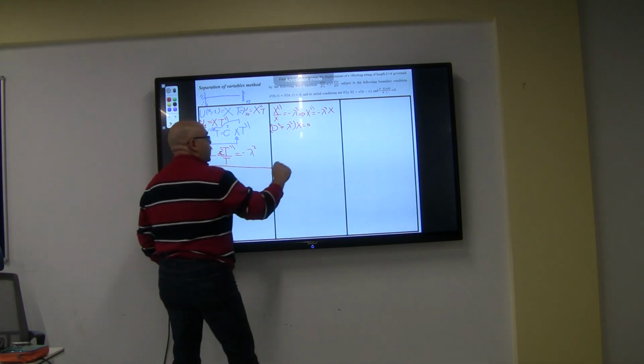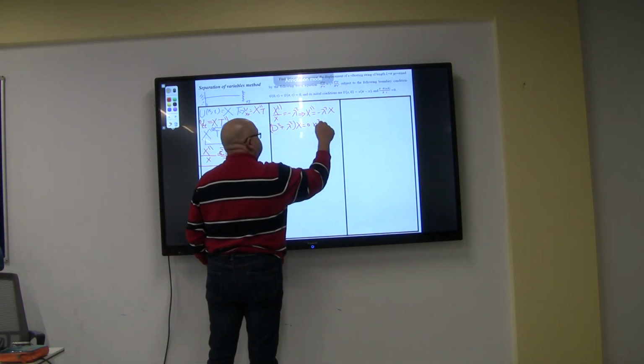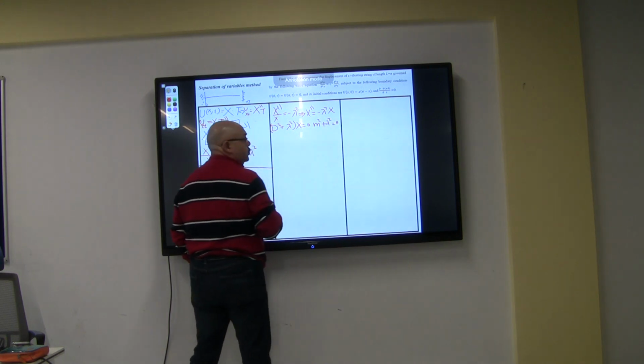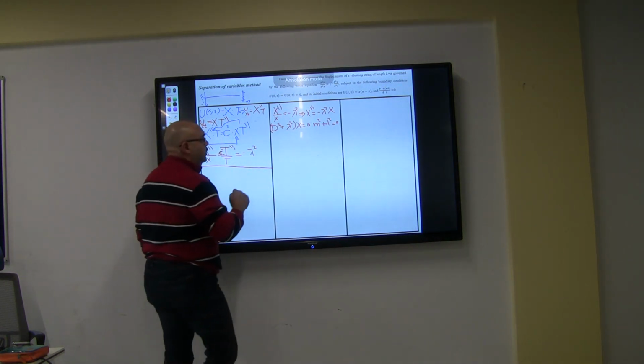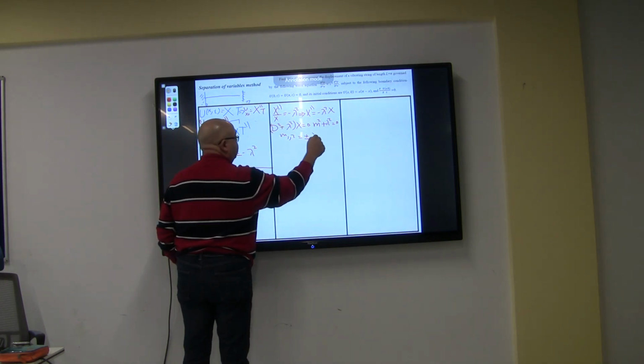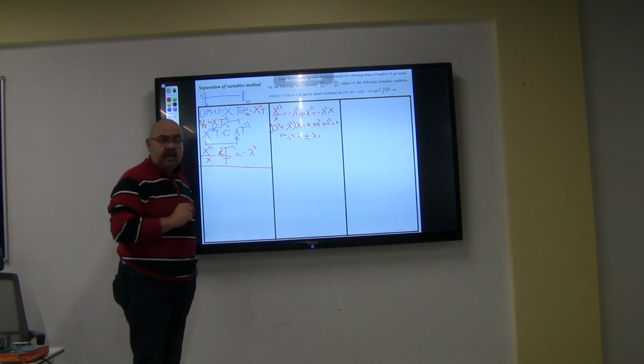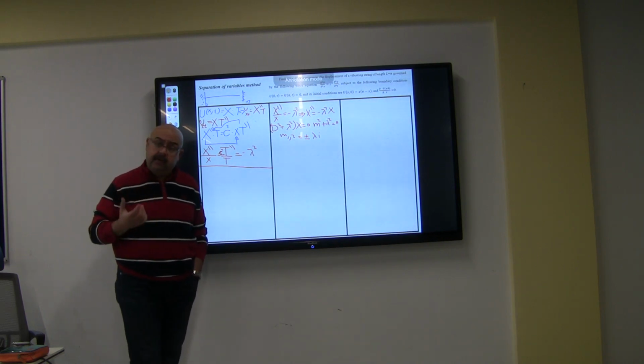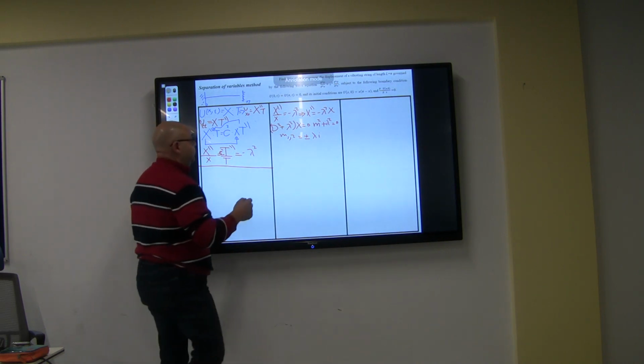Once I do that, the characteristic equation that we are dealing with is m squared plus lambda squared equals 0. That will give m1 and 2 equal positive or negative lambda i. Based on the solution of the higher order differential equations, now we can write x.